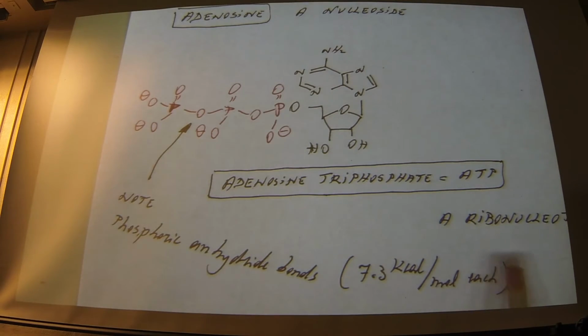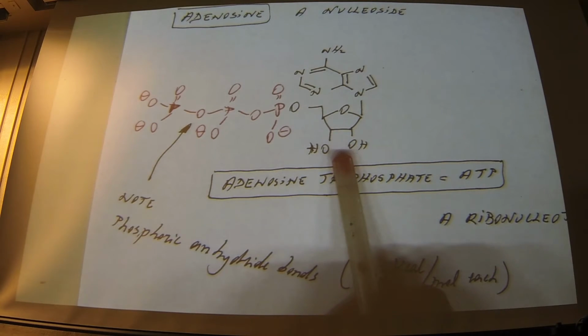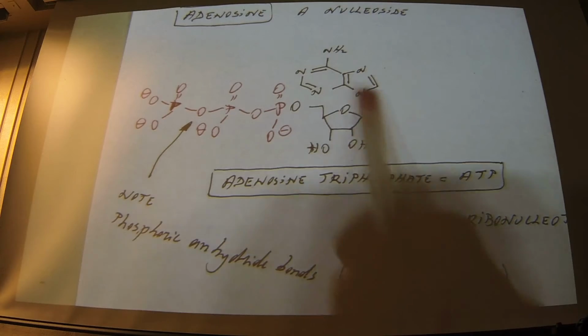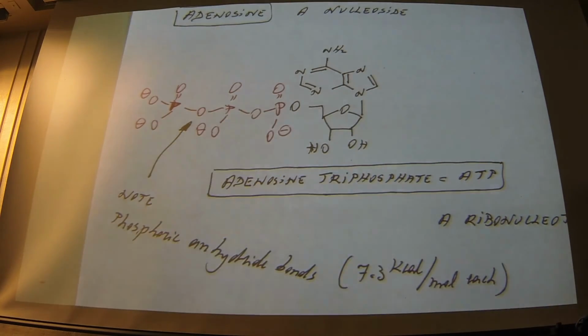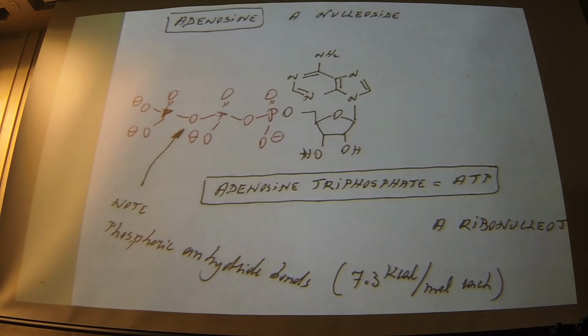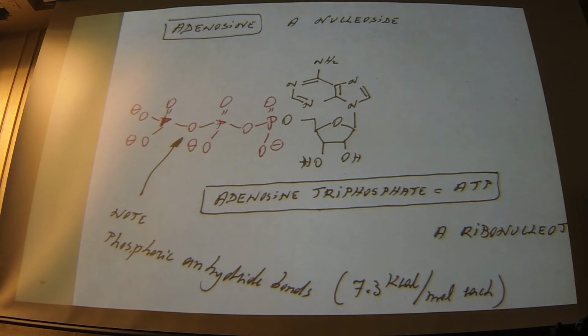And so this would be a ribonucleotide because it uses ribose, not deoxyribose, as the sugar. And so this is ATP. Okay. Now, ATP is not found in DNA or in RNA. The sugars are monophosphorylated in the nucleic acids.